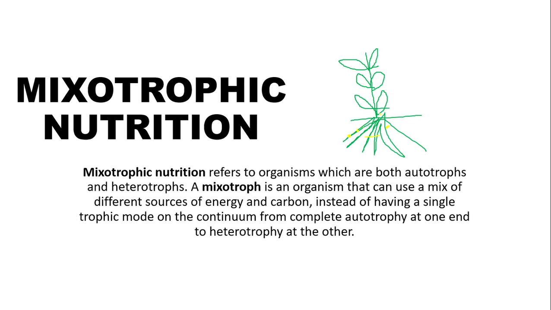These dots represent the presence of Rhizobium bacteria. So what happens to this Rhizobium bacteria? Nothing happens. This plant won't harm the Rhizobium, and the Rhizobium won't harm the plant.